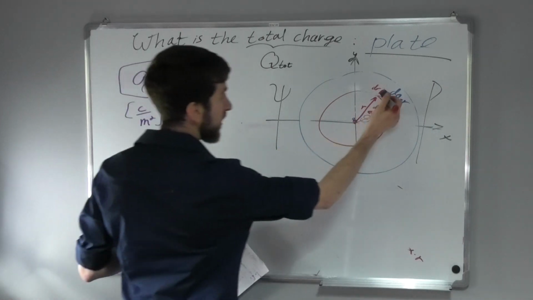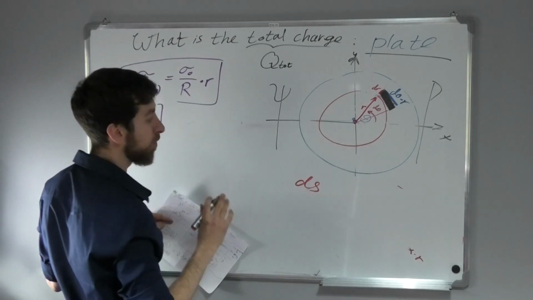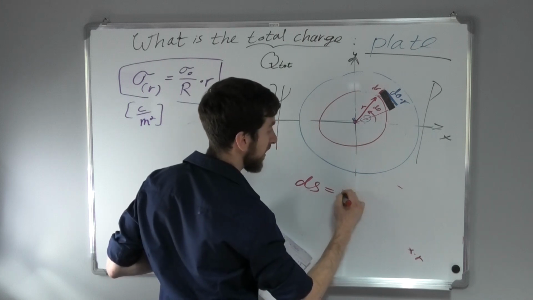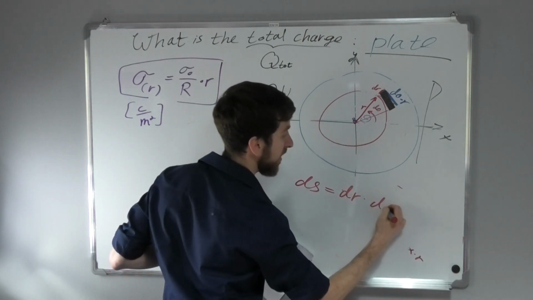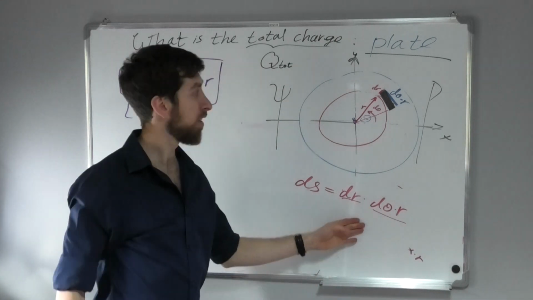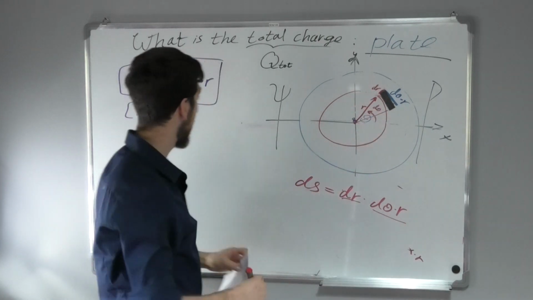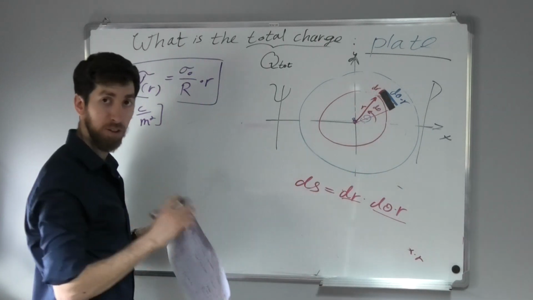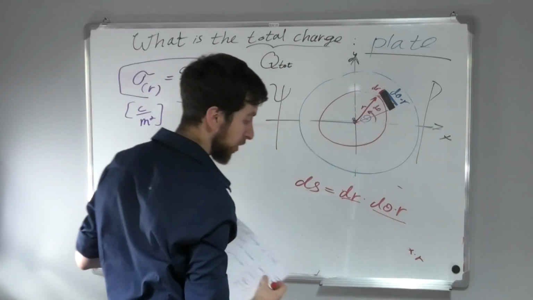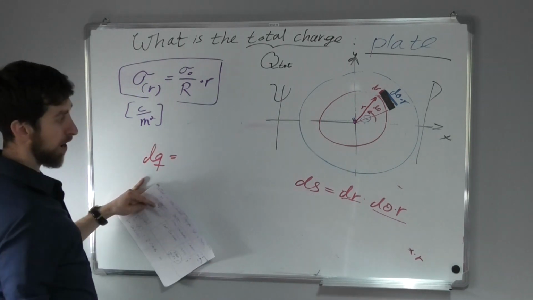So I know the area of this surface, right? Let's call it ds because it's a small surface. ds is equal to what? To dr multiplied by d theta r, which is the way to calculate an area, height multiplied by base, so you have this size. And what we want to find is dq, how much charge I have on this small chunk. So dq is equal to what?